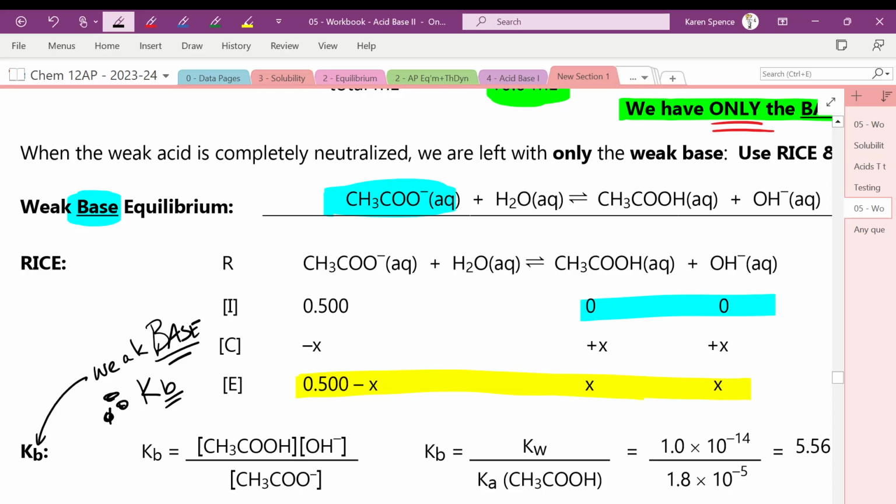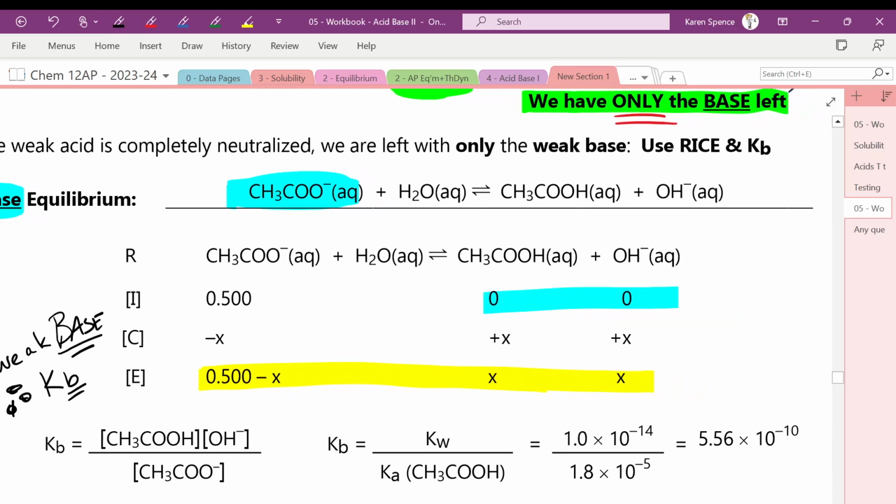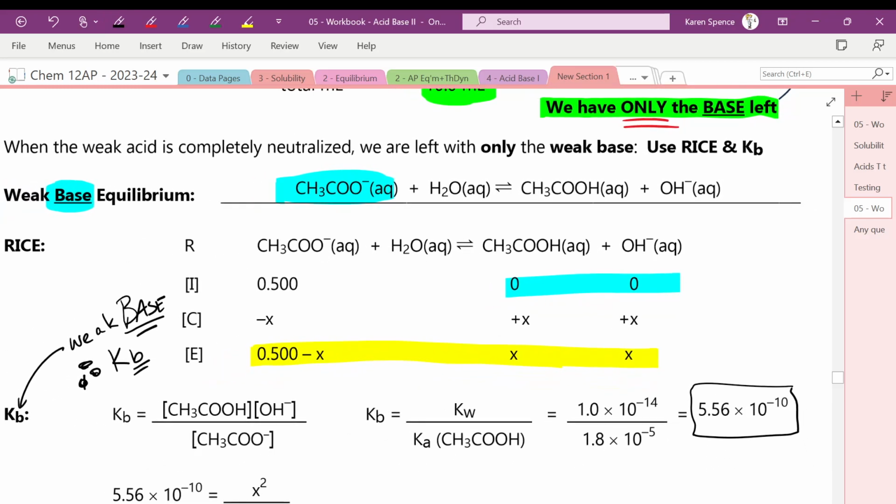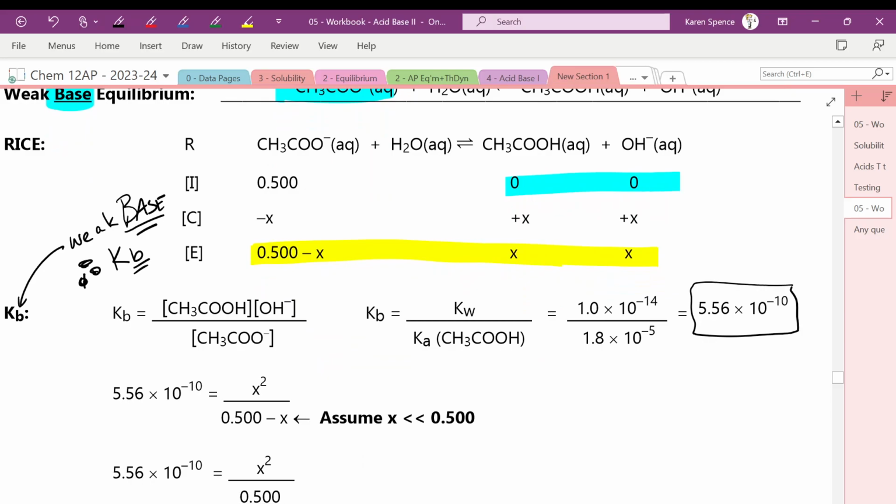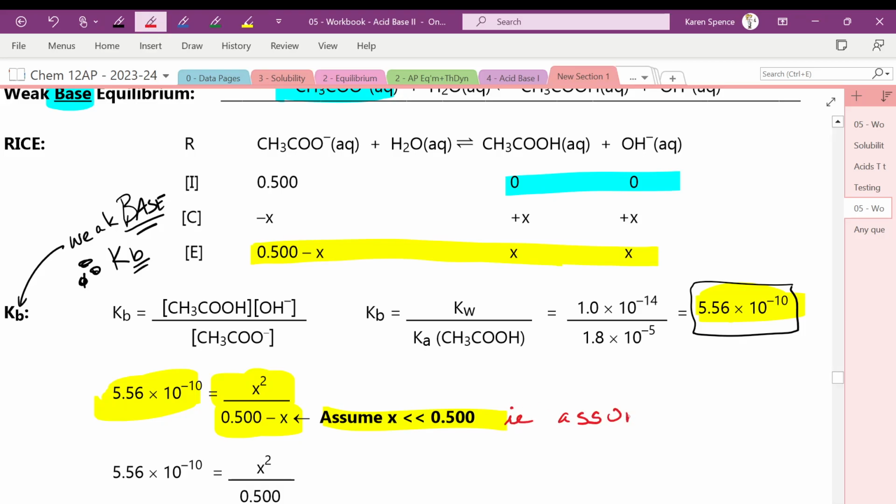We go find the value of Kb, which is Kw over Ka of the conjugate acid, and we get 5.56 times 10 to the negative 10. Plug everything in. We're plugging in our Kb, and we're plugging in our equilibrium row, and we're going to assume X is much, much less than 0.5. In other words, assume X is insignificant. You can write it either way.